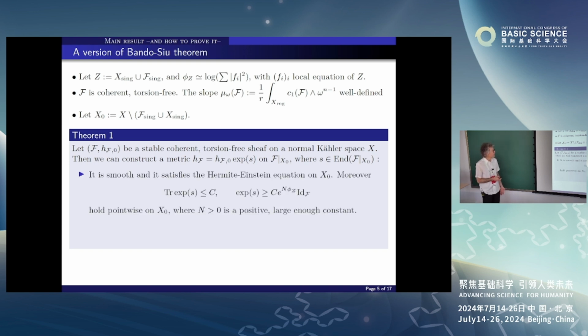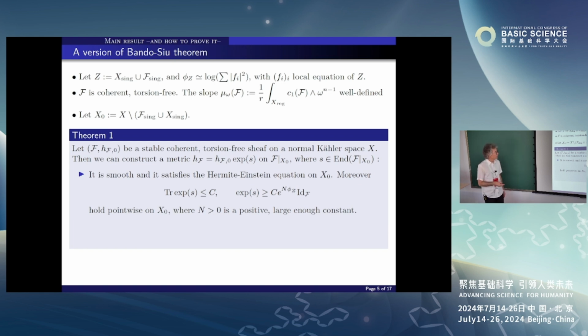It is smooth and satisfies the Hermite-Einstein equation on X₀, so it's our candidate for Hermite-Einstein metric. But moreover, we know a little bit what's happening when we get closer to the singularity. So we have some estimates which tell us what's happening when we get close to this locus. We have an upper bound for the trace of the exponential of this morphism, so all the eigenvalues are bounded from above.